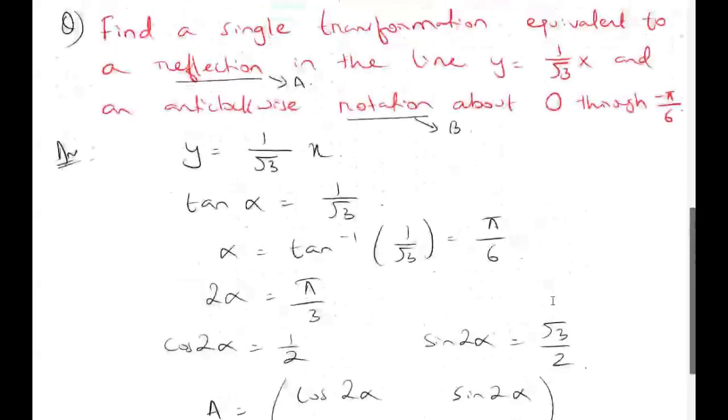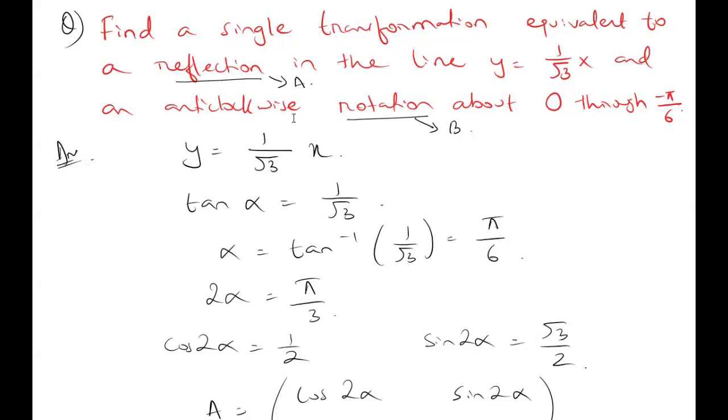Let's find matrix B. I need an anti-clockwise rotation about origin through minus pi by 6. Whenever I am dealing with rotations, I have to be careful that the question is mentioned in the form of anti-clockwise, and here it is, so that's fine.